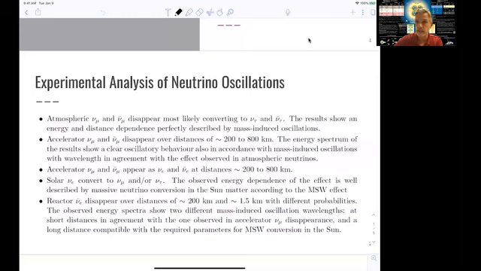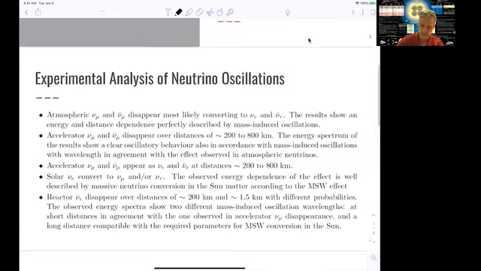So the name of the game now is to take all of those pieces of information and extract information about the neutrino's properties. In order to do that, one has to make assumptions about the number of available neutrino generations, and in some parts of the interpretation also about the nature of the neutrinos.